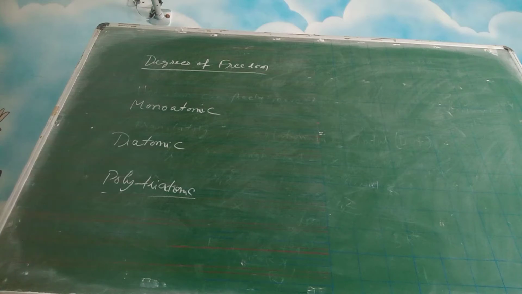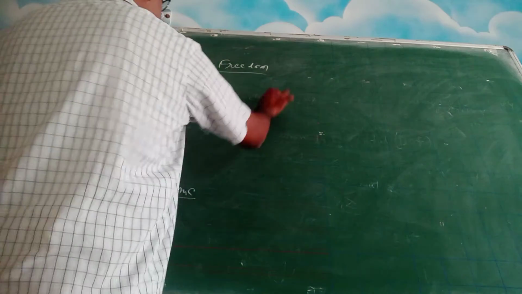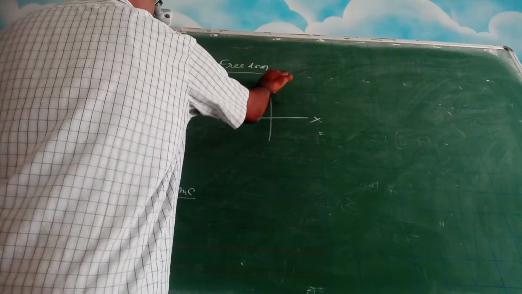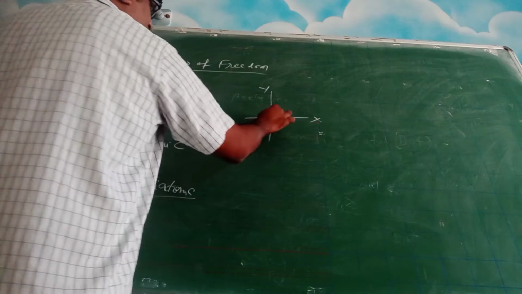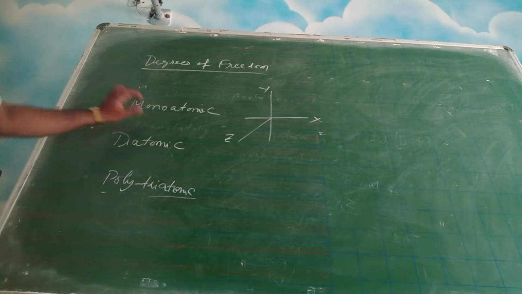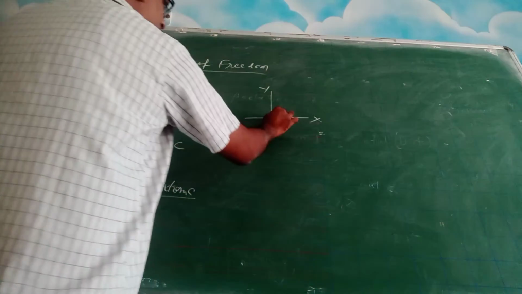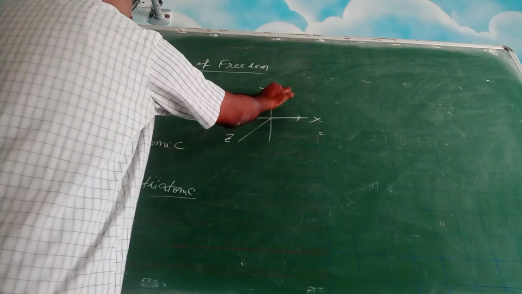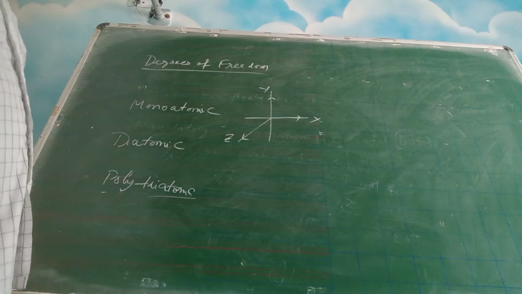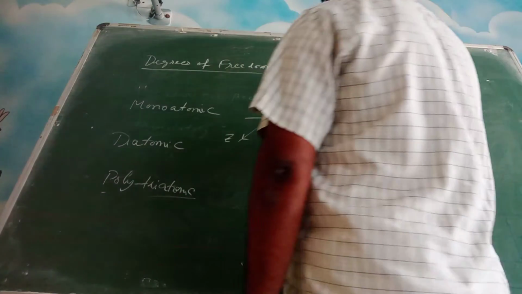So monoatomic, what is the situation? So this is your x-axis, this is your y-axis, and this is your z-axis. So about monoatomic molecules, they can move in x direction, they can move in y direction, they can move in z direction. You talk only about translation here.